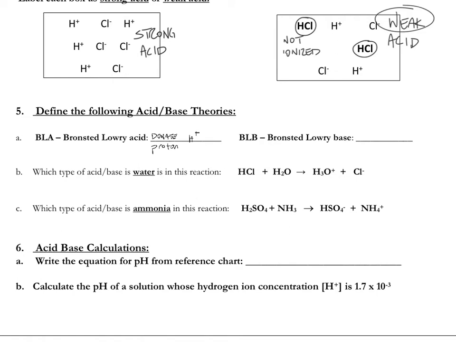Remember, H plus is also referred to as a proton. Bronsted-Lowry bases are the opposite. They accept protons, they accept hydrogen ions. So they are proton acceptors.